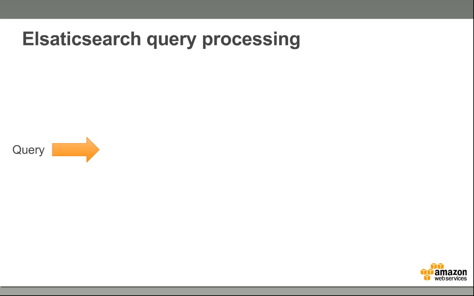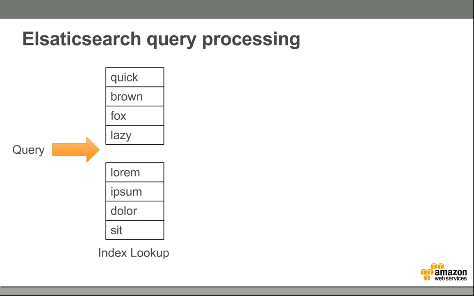So a query comes in. Again, we have an index lookup step where each of those words is looked up within its respective field index. We apply the query logic. If I have multiple terms, I would do the intersection of all of those terms. If I have an OR, I would do the union of all of those posting lists.